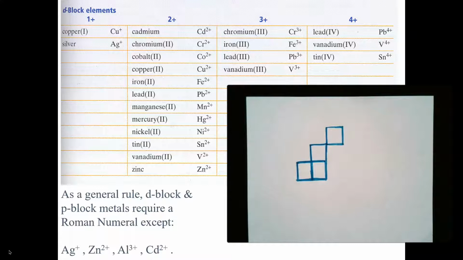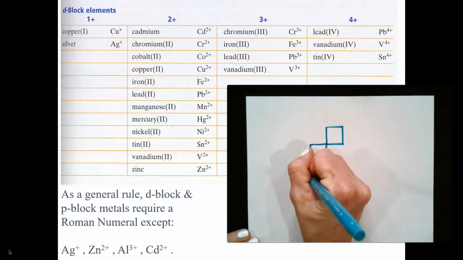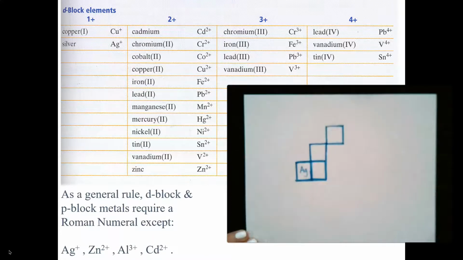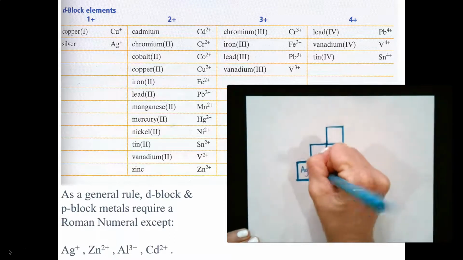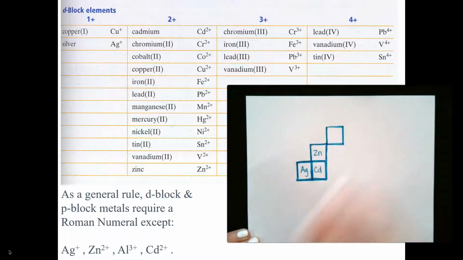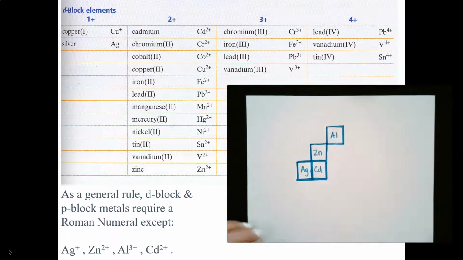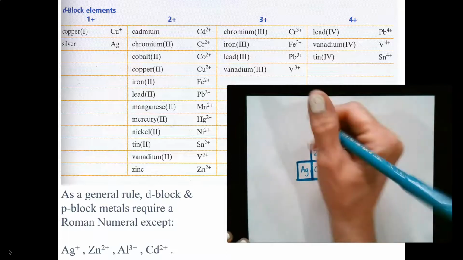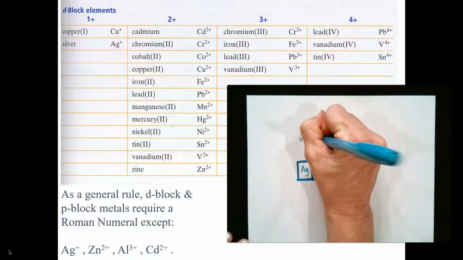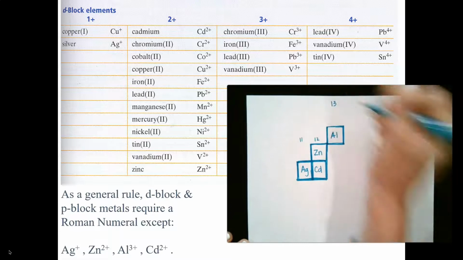And so they fill in like this. This one's silver, Ag, and then cadmium, Cd, zinc, Zn, and aluminum, Al. And so how this works is that this is group 11, group 12, and group 13.